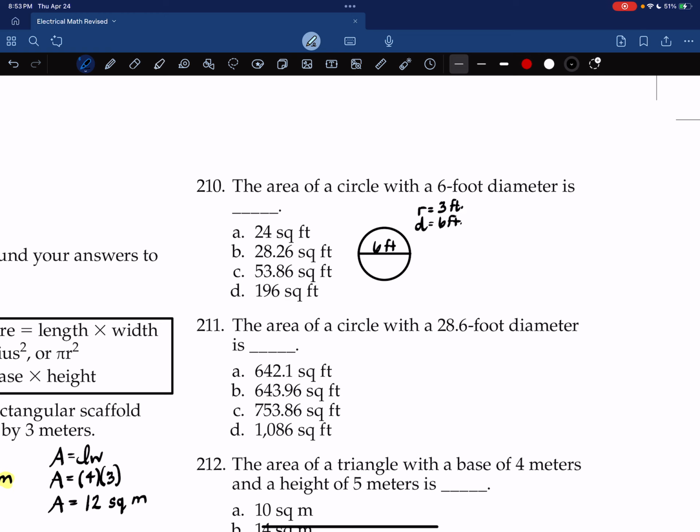The area of a circle with a 28.6 diameter, 28.6 feet, not foot. There's more than one of them, feet.